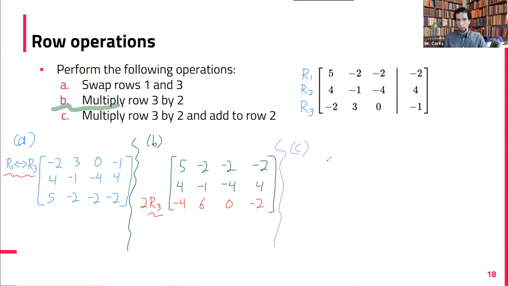All right, the last one, C, getting a little more complicated here. We want to multiply row 3 by 2 and then add that to row 2. Okay, first, if we do operation C here, which rows will change, and which rows will stay the same?